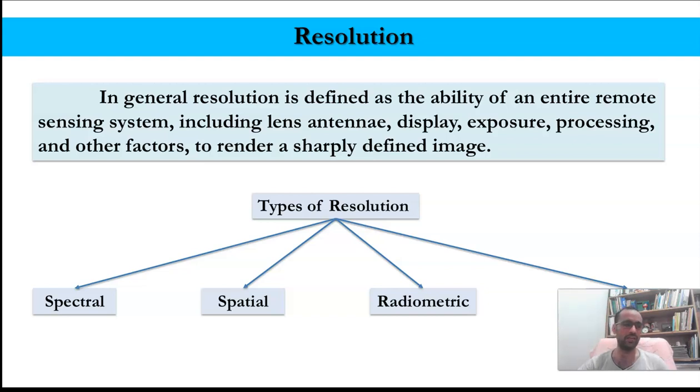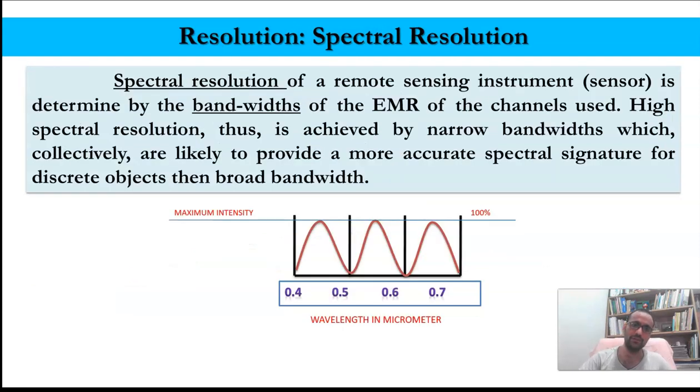So we are talking about quality. How much clear picture you are collecting from your camera, from your mobile, right? So that's how we have it in the satellite too, but here in the satellite we have 4 types of resolution. Here you can see spectral, spatial, radiometric and temporal. In the next slide I'm going to discuss in detail.